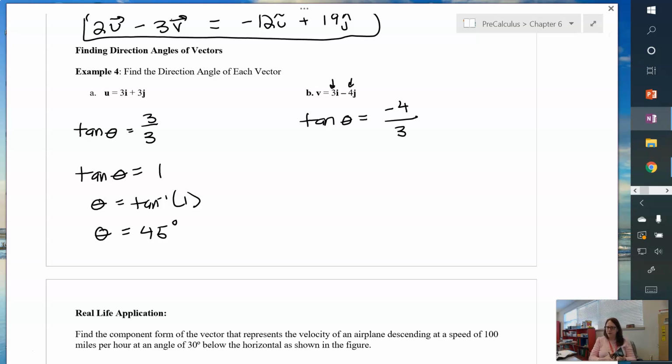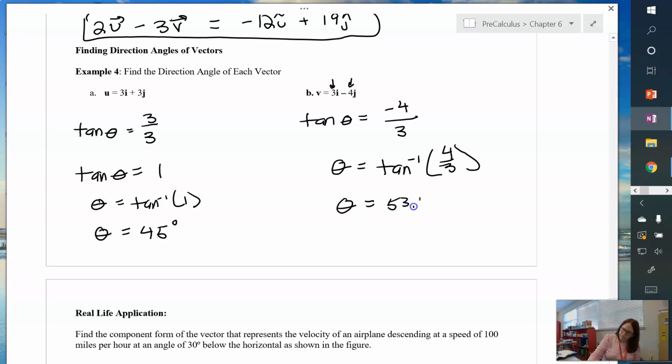Grab your calculator. Do the inverse tangent of negative 4/3. So inverse tangent, 4 divided by 3, I got 53.1 degrees. And those are the direction angles of our vectors.